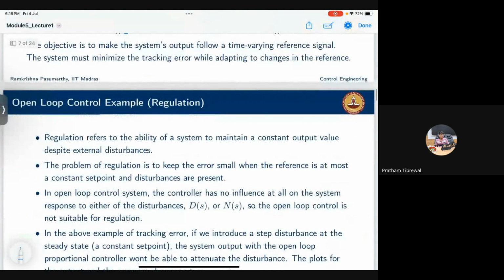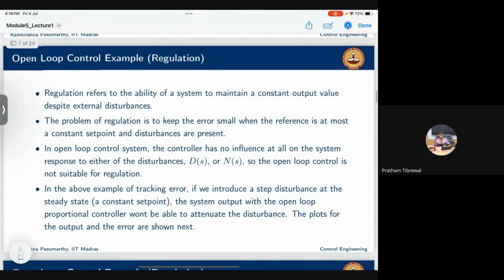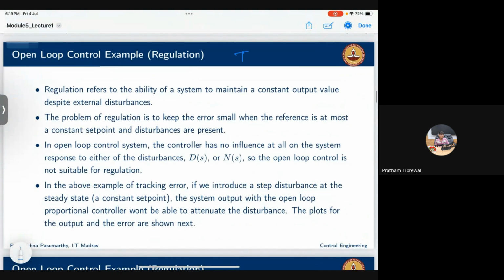The same thing applies to regulation; till now we have seen tracking. Regulation and tracking are similar topics, but you would find a little difference between them. When I say tracking, I am just expecting my output to track my input. That's it.